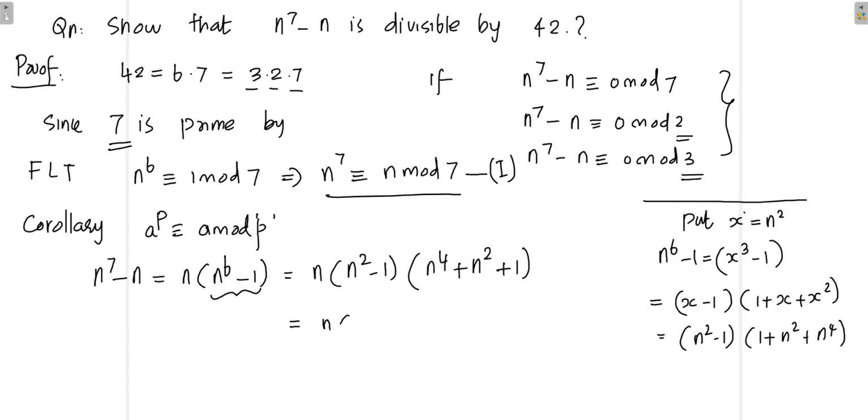So this is n into n plus 1 into n minus 1 into n raised to 4 plus n square plus 1. Okay, this is the thing.